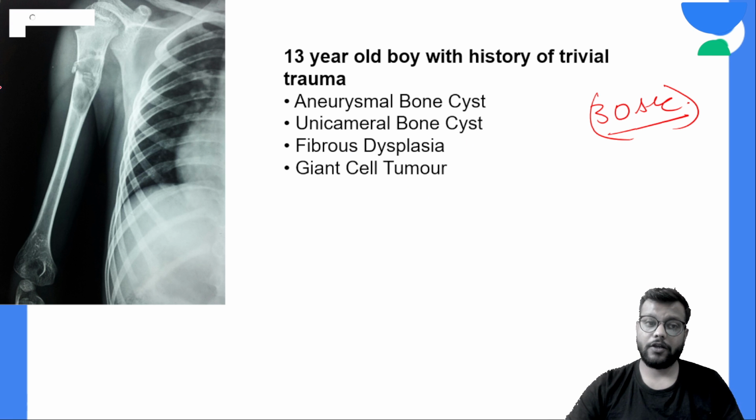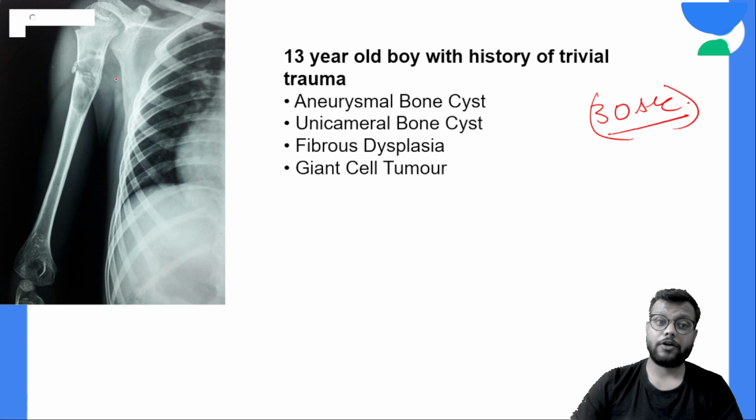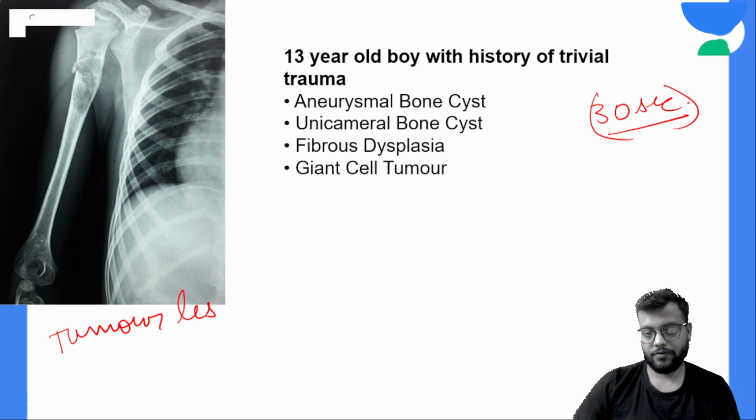Okay, so here you can see that there is a lytic lesion, a tumor lesion in the proximal humerus with a pathological fracture.